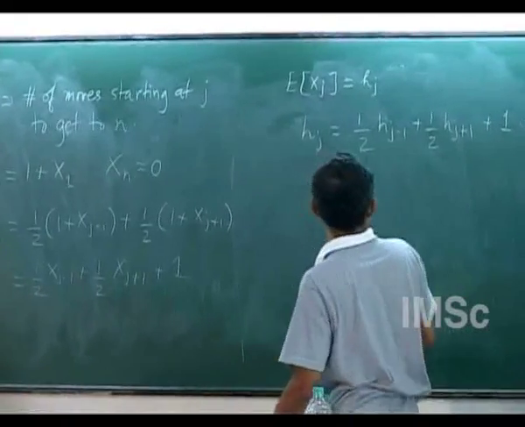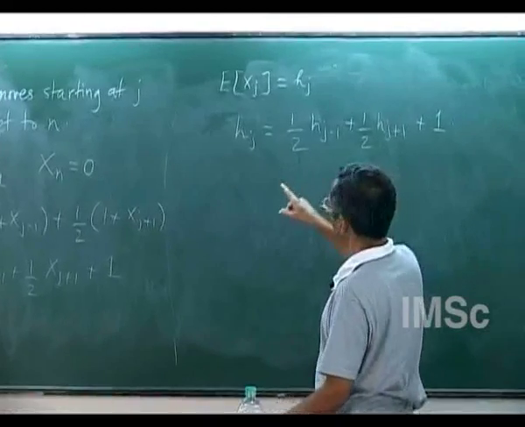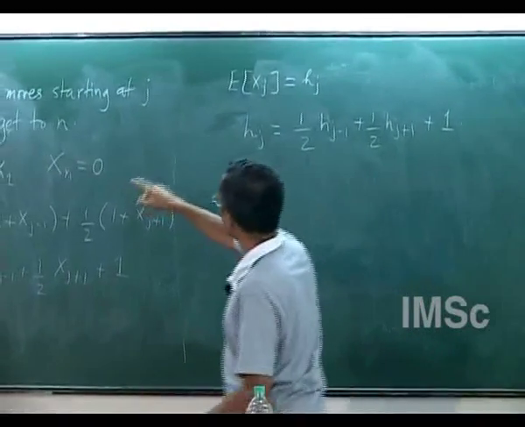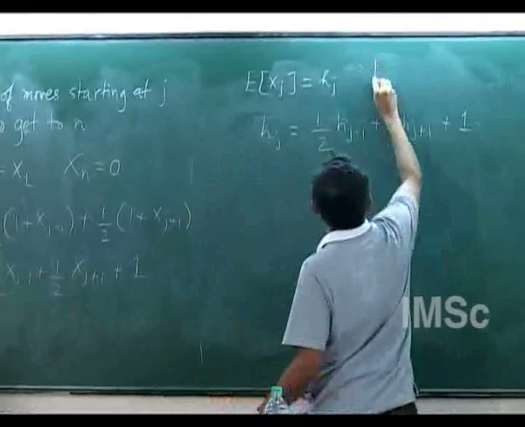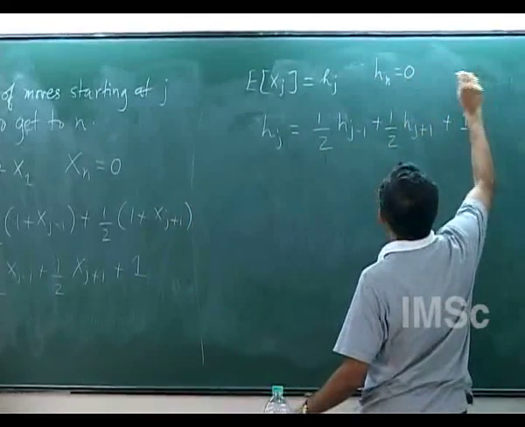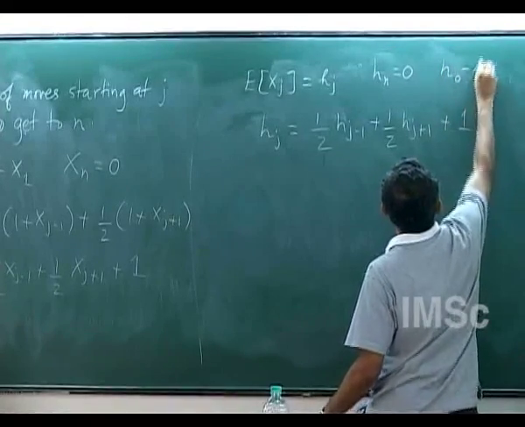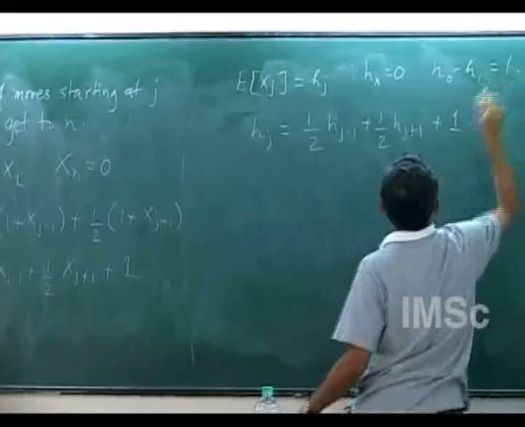Okay. So let's do some simplification in order to figure out how to deal with this. We also know that hn is 0 and h0 minus h1 is 1.